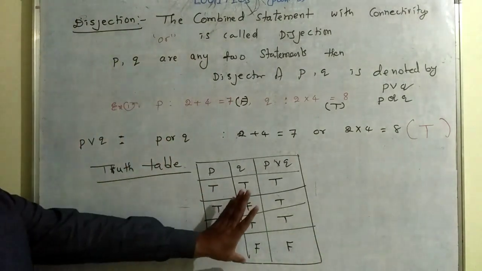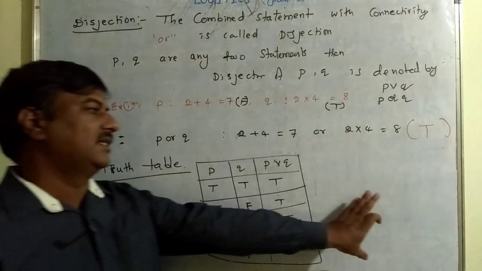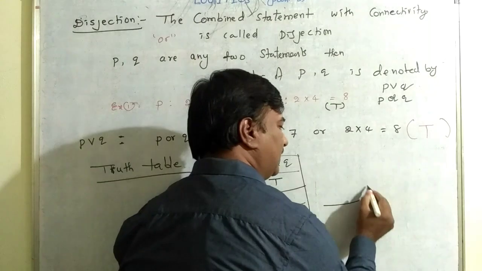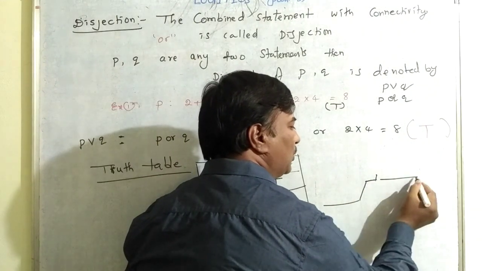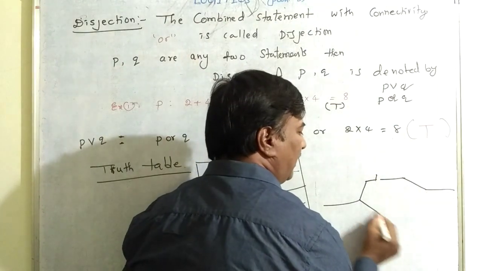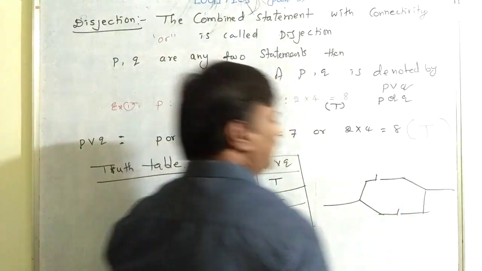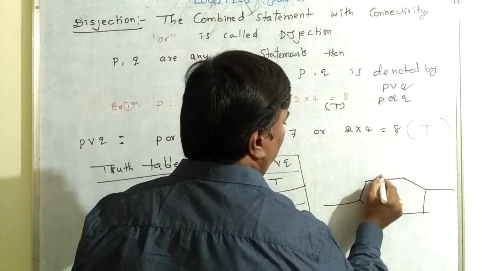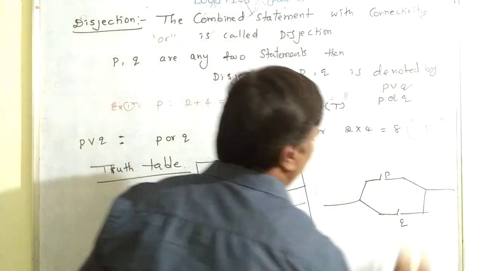We can discuss this by using the physics concept of circuit diagrams. Two switches are connected in parallel. The first switch we are taking as the P switch, and the second as the Q switch.